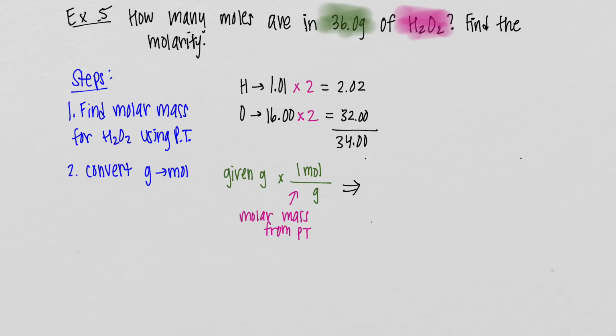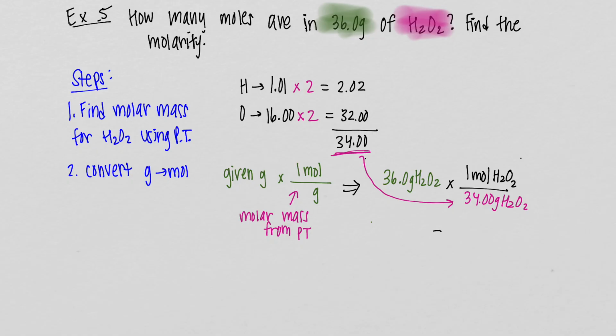This is our given, okay? So we're going to do 36.0 grams of H2O2, and then we're going to multiply 1 mole H2O2. We're not going to a different substance or chemical, so we can keep it like that. And the molar mass, which is what we got here, this 34 is going to go underneath. 34.00 grams of H2O2. Okay?